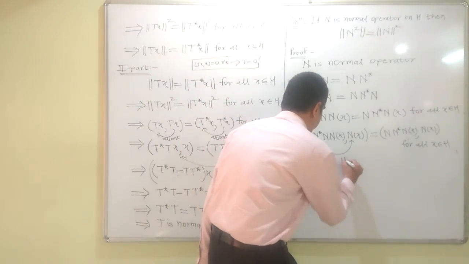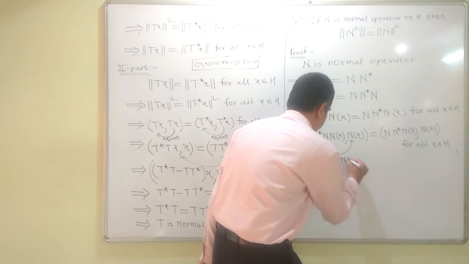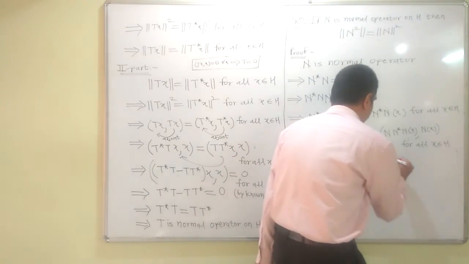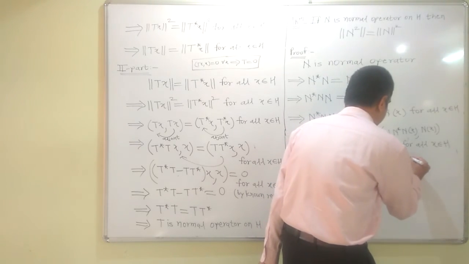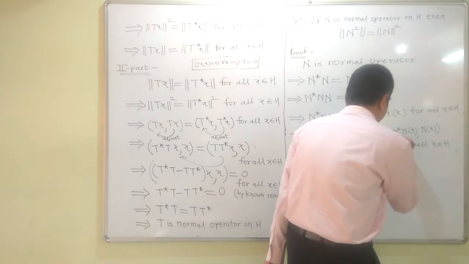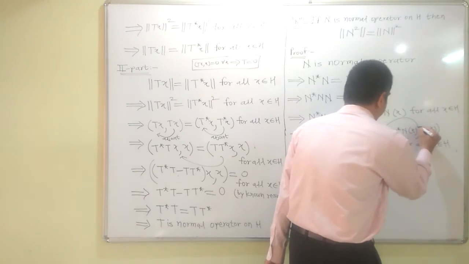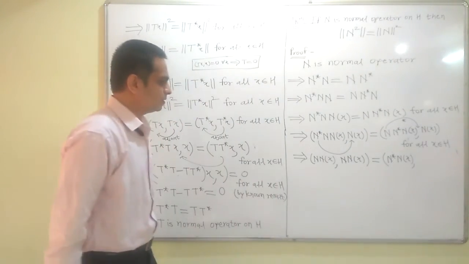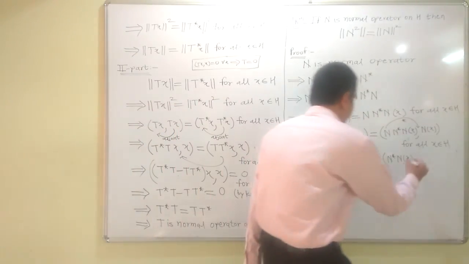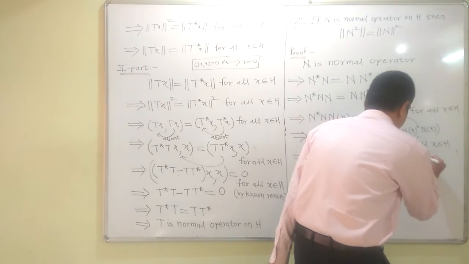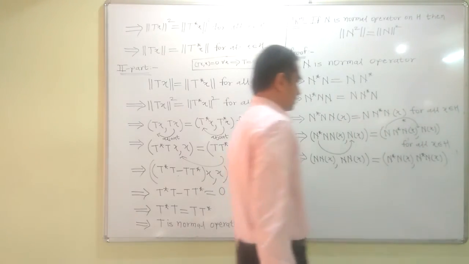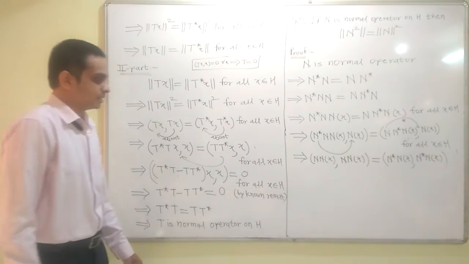So star gets removed here, so it is ⟨Nx, Nx⟩, and that is equal to ⟨N*Nx, N*Nx⟩, since star gets added here.